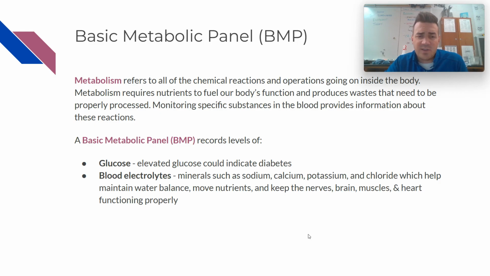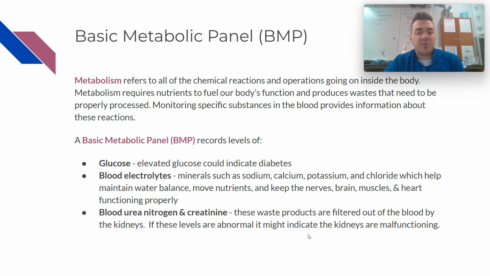These all have to do with how well the body is able to maintain its water balance and move nutrients around and keep the nerves and muscles functioning properly. They're all really heavily involved in the proper function of nerves and nerve cells, brain cells, as well as muscles.